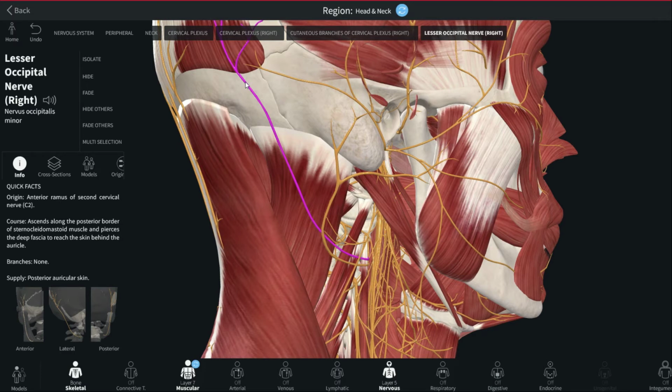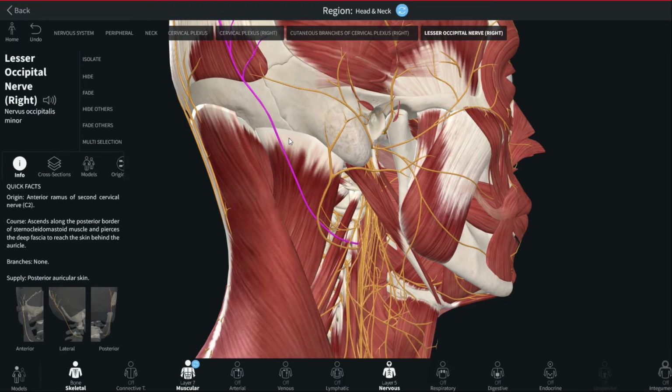Obviously, it's a cutaneous nerve, so it supplies the skin of the cranial surface of the auricle, the auricular region, and the head behind the auricle. We can all vouch for that. These are bland details, you can just go through the textbook. I could not bring myself to really get interested in these. Anyways, so that's the lesser occipital nerve.